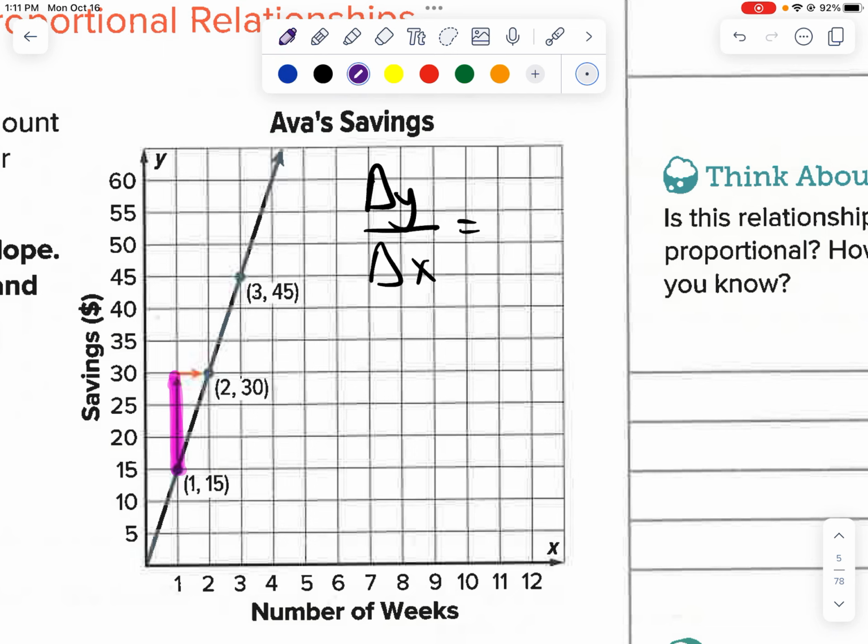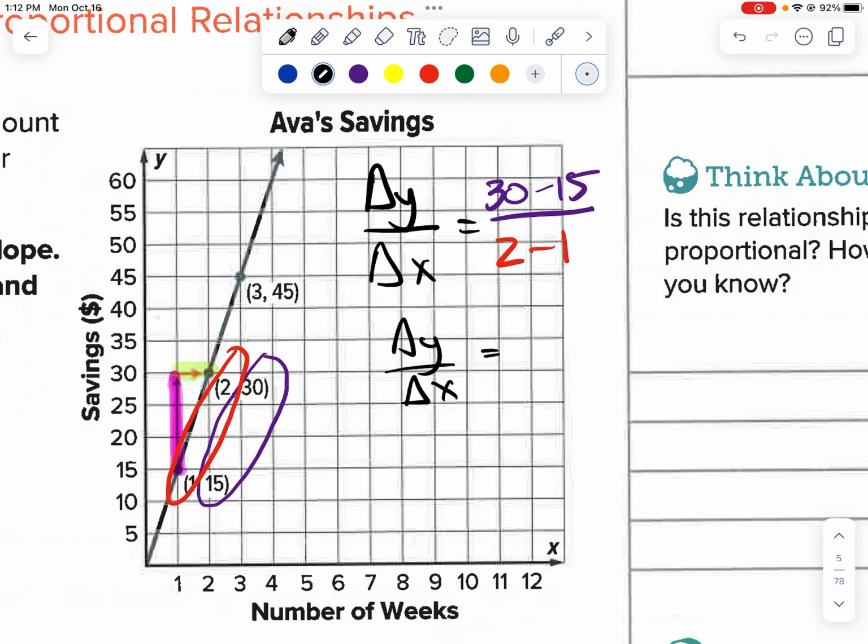I look at my y values and I say 30 minus 15, or you can just look at the picture and see that that's what it's doing. Then I'm going across. So now I'm looking at the x values. 2 minus 1. When I do that, the change in y over the change in x is equal to 15 over 1.